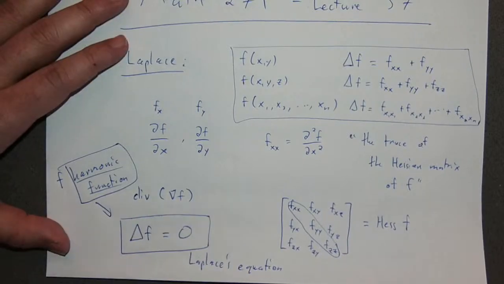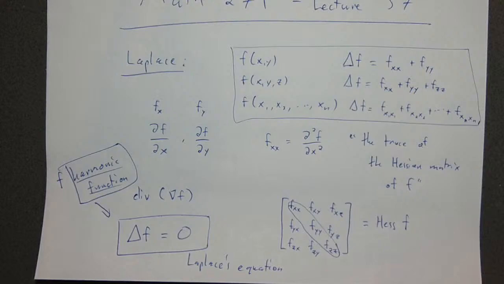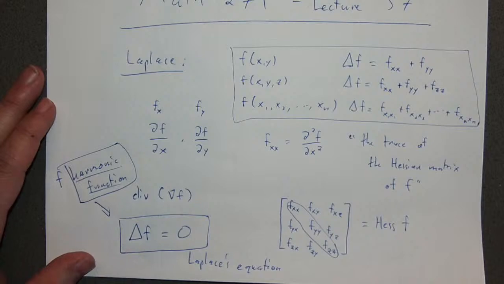These harmonic functions are important in signal processing and all kinds of analytic applications. So anyway, harmonic functions occur all over the place, and they are defined as being solutions to Laplace's equation.